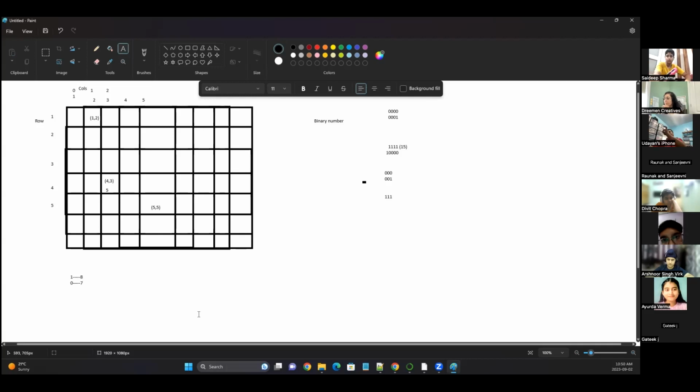This is the fun part. If I store 1 to 8, I need extra storage just for one digit. If I use 0 to 7, I need 3 digits to store it. If I use 1 to 8, I need 4 digits to store it. This is the fun part.